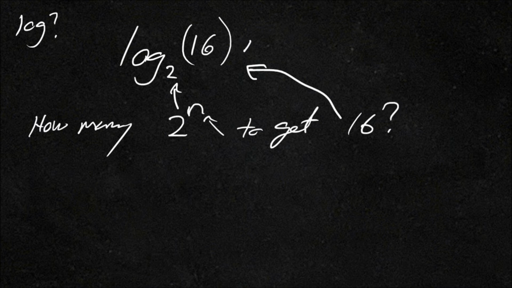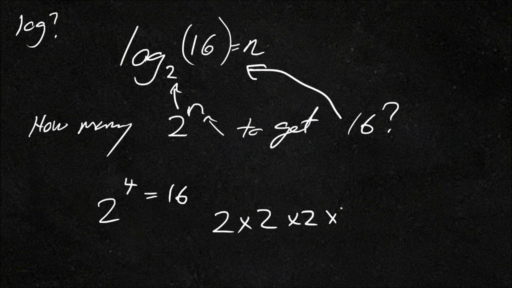So what we're really trying to find here is what n is. For this one, we know 2 to the power of 4 is 16, which is 2 times by 2 times by 2 times by 2. So we get a nice easy number, which is n equals 4.